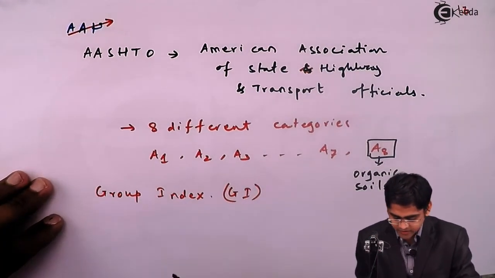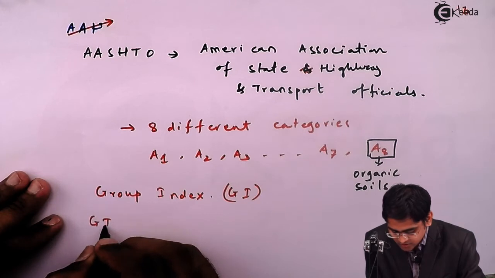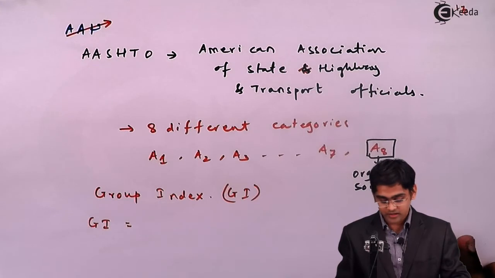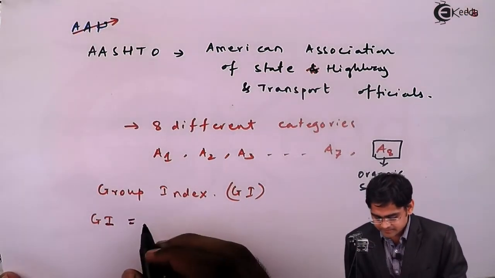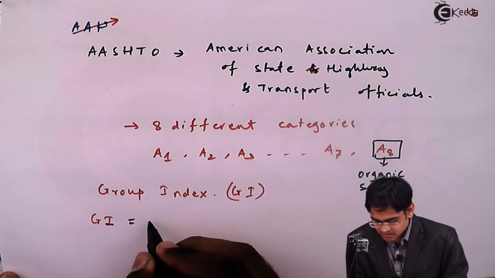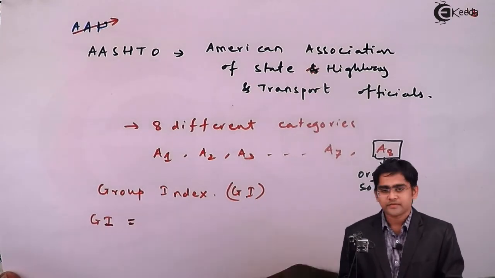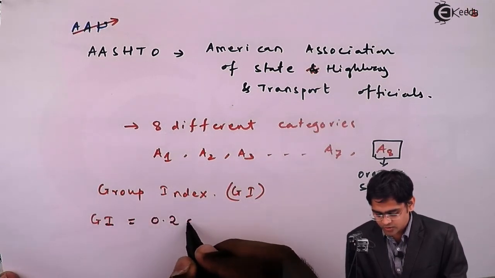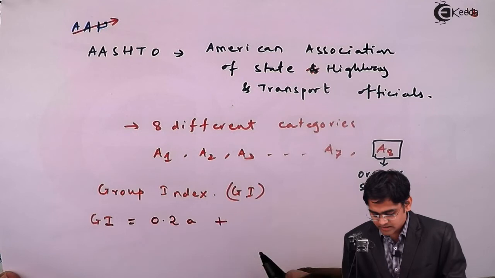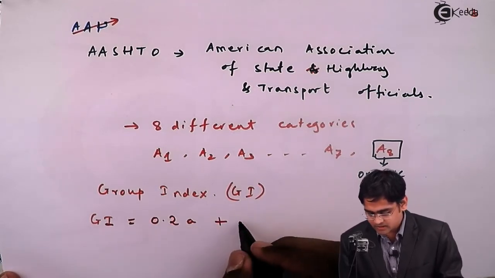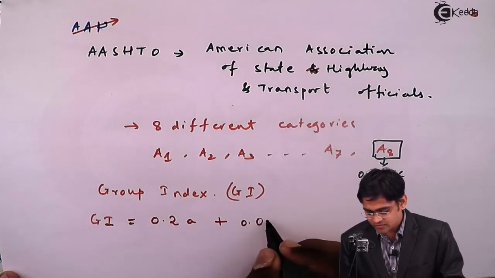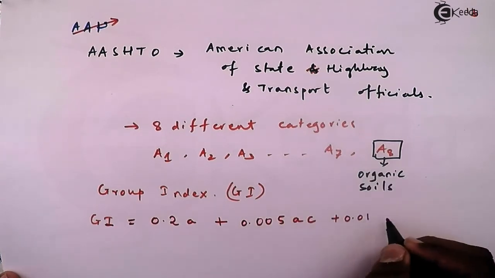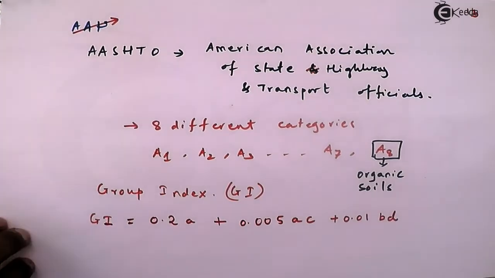The definition of group index is as follows. The group index gives an idea about the strength of a soil; it is a measure of the shear strength of a soil. The group index is given by the formula 0.2A plus 0.005AC plus 0.01BD.